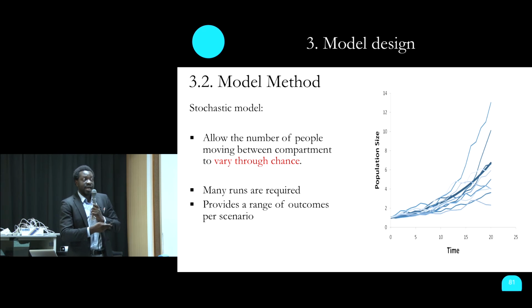But stochastic models introduce the notion of time and chance in the number of people moving from category to category. It gives you many scenarios that will tell you, for example, 10 to 13 people move, because we have a stochastic component using chance.